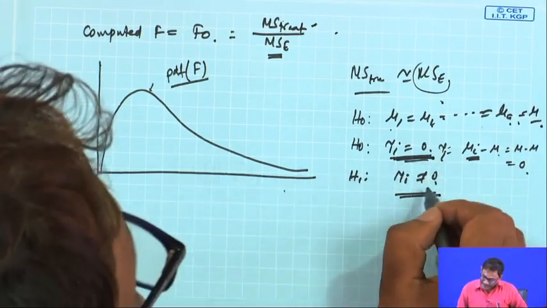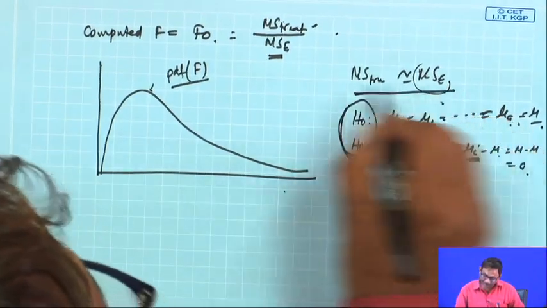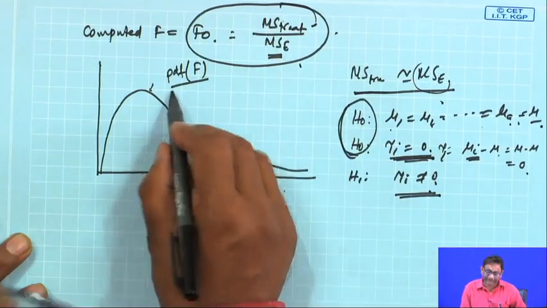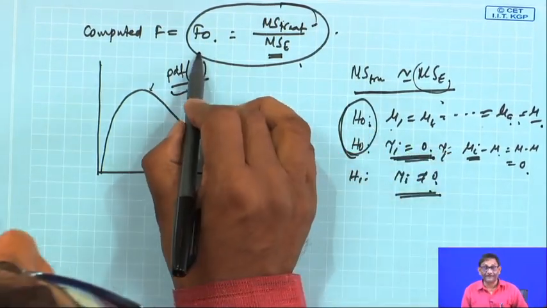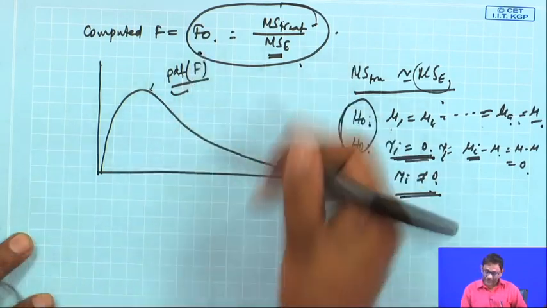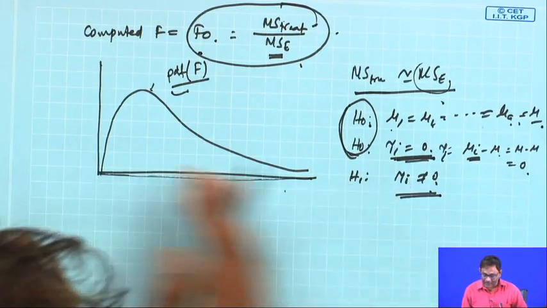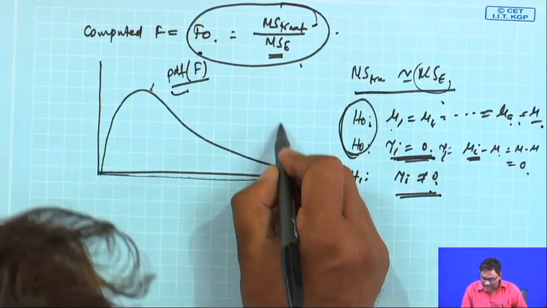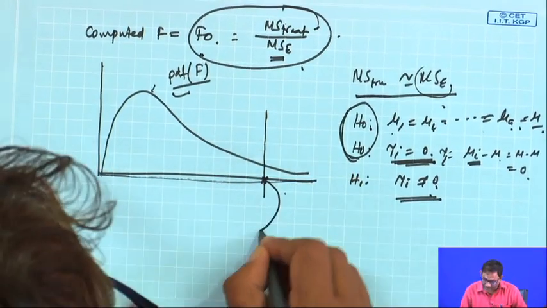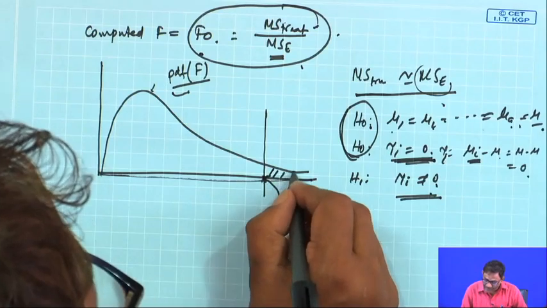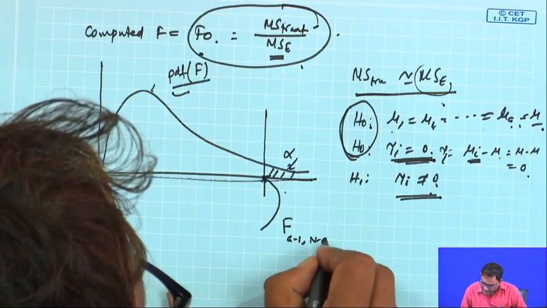Under this null hypothesis, this quantity follows an F distribution. If H0 is true, this quantity follows an F distribution. So this is the F line, and any value is possible from the theoretical side; we will create a threshold value for F. This one will be alpha, and this value is F alpha, a minus 1, n minus a.